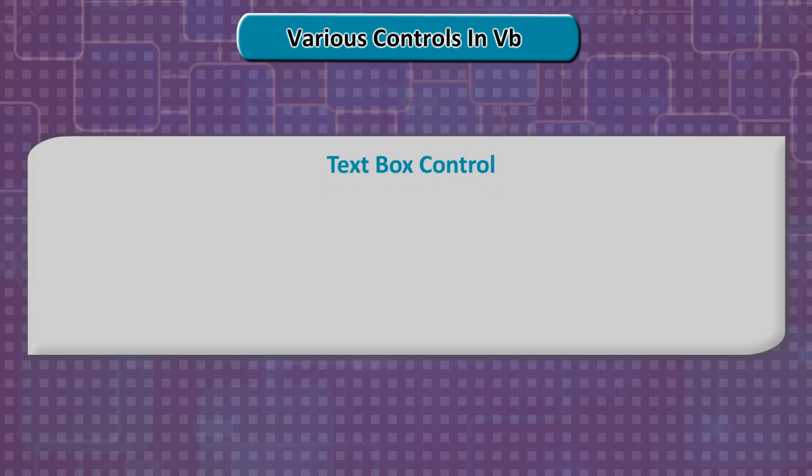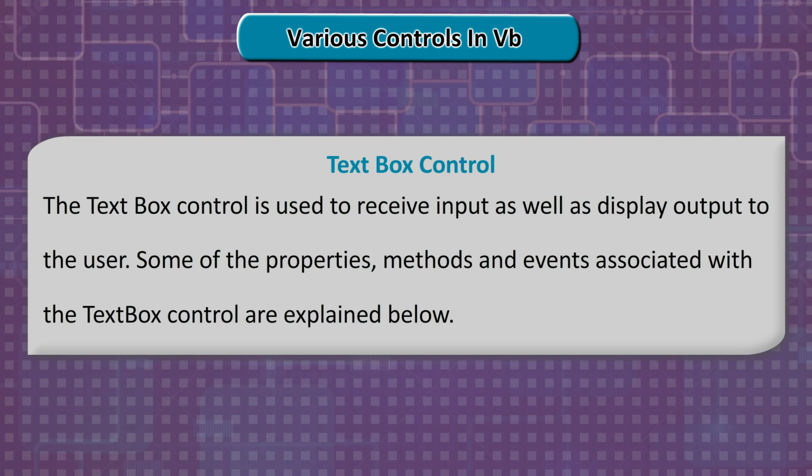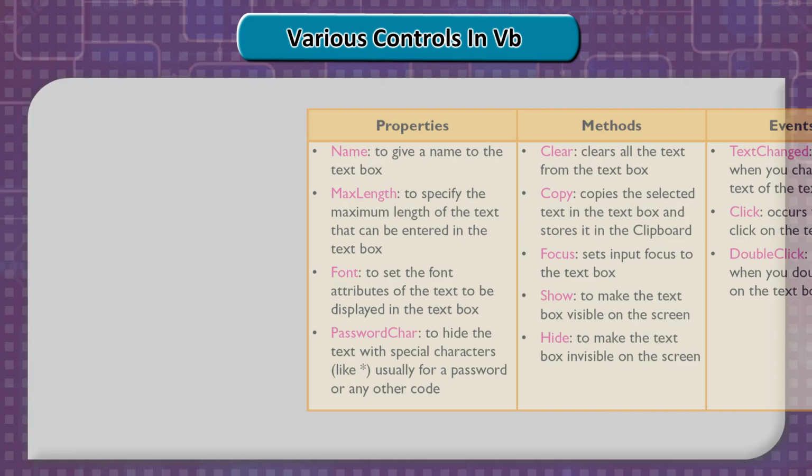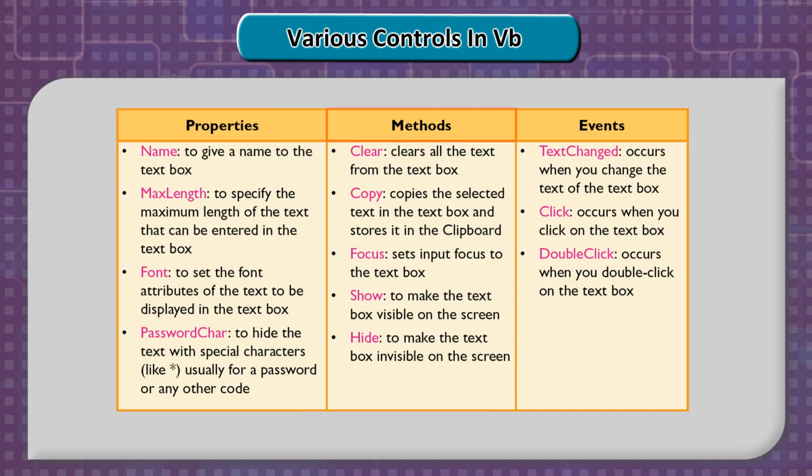Text box control. The text box control is used to receive input as well as display output to the user. Some of the properties, methods and events associated with the text box control are explained below. Properties. Methods. Events. Name, to give a name to the text box.